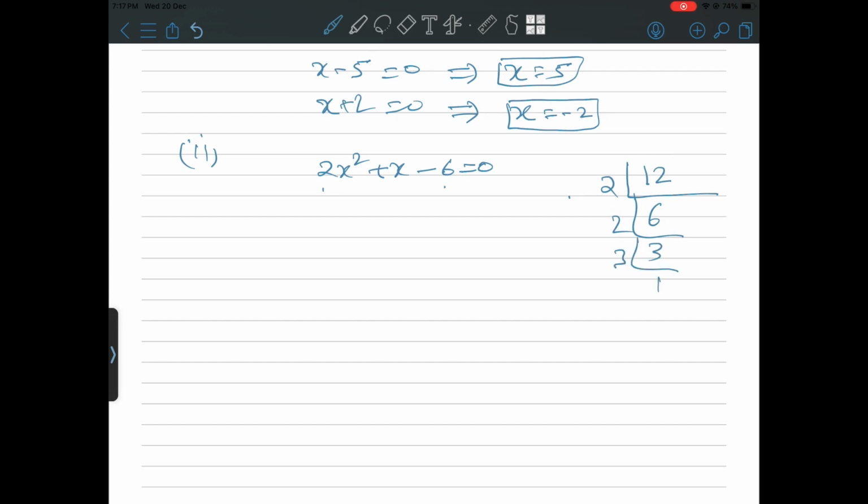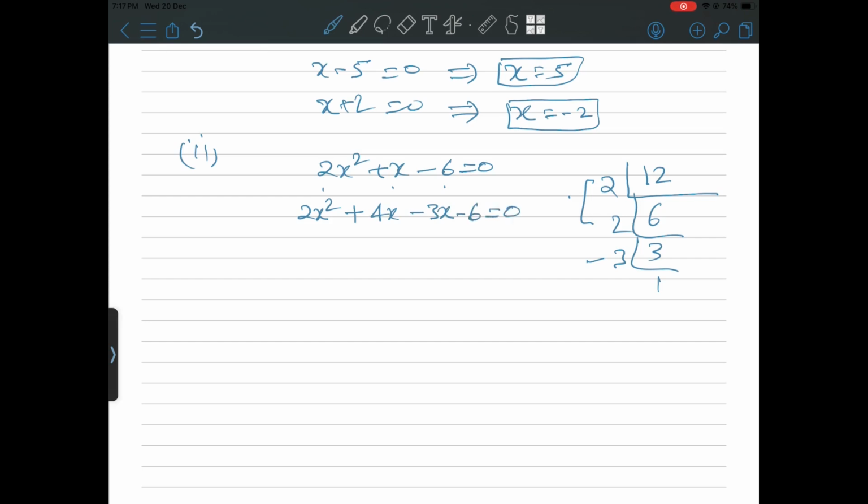So now our aim is to find two numbers whose sum will give x and whose product will give minus 12. So if we take 4 and 3, we can write it like this: 2x square plus 4x minus 3x minus 6 is equal to 0.